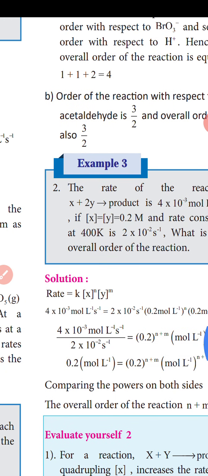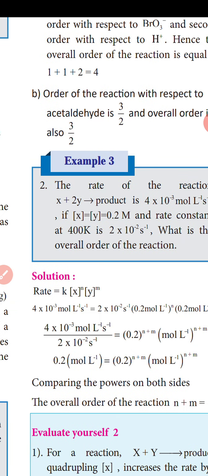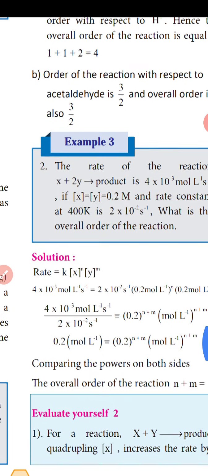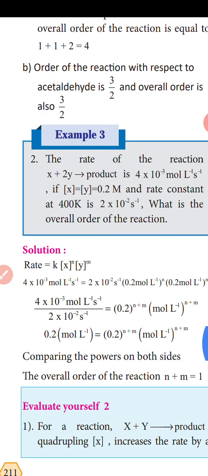The third example: rate is equal to a constant times x to the power n, y to the power m, with 4 into 10 to the power of minus 3 mole per liter per second, and 2 into 10 to the power of minus 2 per second. Applying these equations, the rate is 4 into 10 to the power of minus 4 mole per liter per second and the constant is 2 into 10 to the power of minus 2 per second.